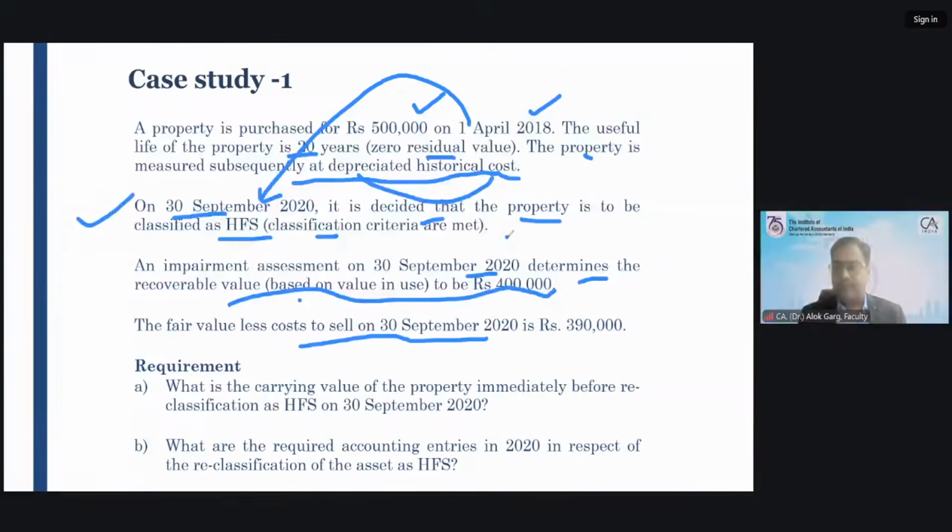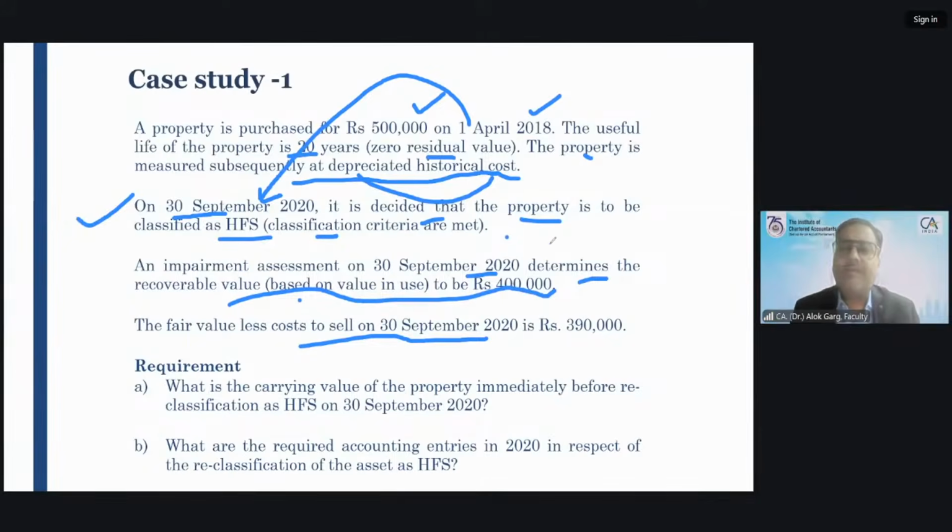Fair value less cost to sell is 3 lakh 90,000 and the carrying value is 4 lakh. The lower of both, which means the fair value less cost to sell, will be taken as the value when we classify it as non-current asset held for sale.